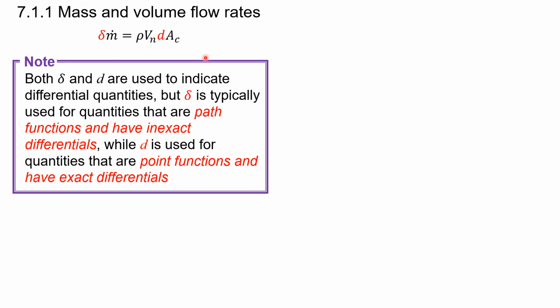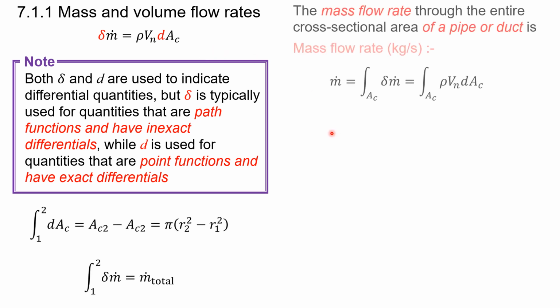We have a few types of flow rate. Earlier we have seen the mass flow rate. We also have a volume flow rate, which we will discuss in a while. This is some of the derivation, showing how you can get the value. I'm not really discussing the derivation, so you can go through it by yourself.